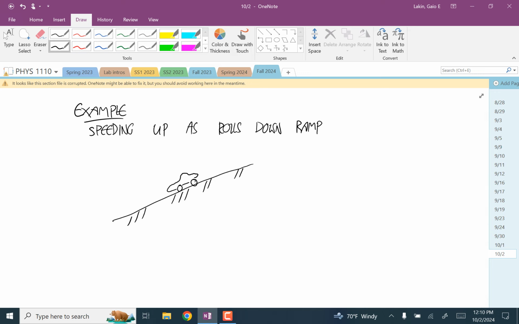I'm going to draw the path of the car. So the center of the car, remember, is what we're treating as the location of the object. And that's following this green path. It's moving down the ramp, so its velocity is this way. And it's speeding up, so the acceleration is in the same direction as the velocity. So that's all that can happen in 1D.